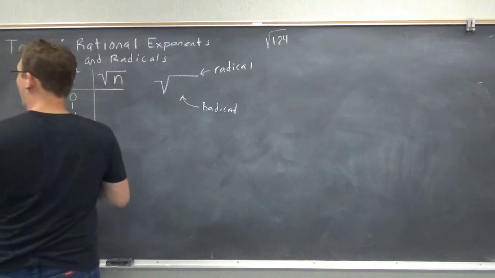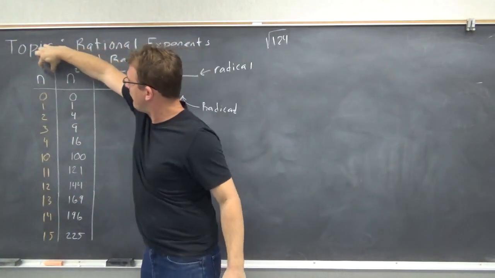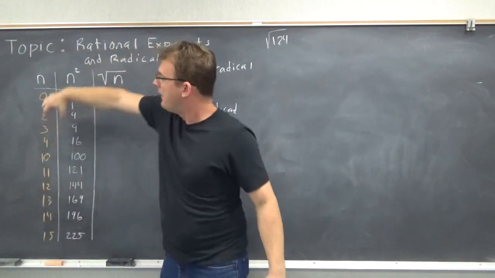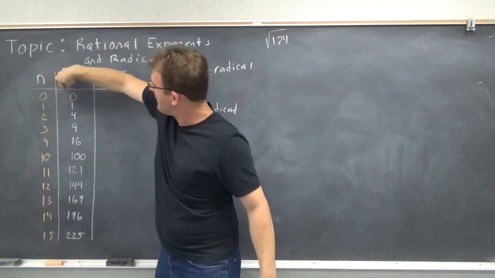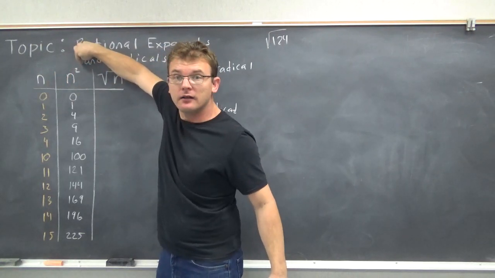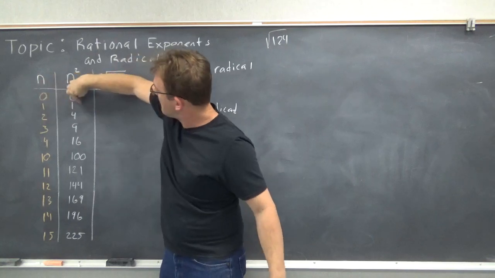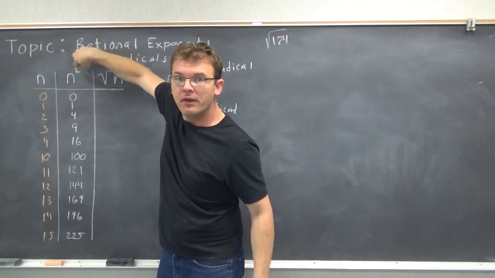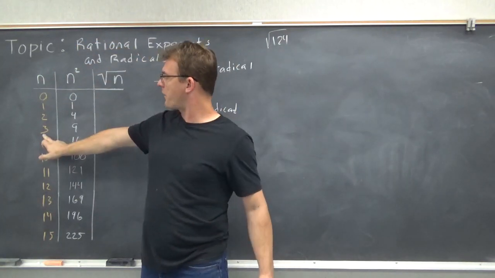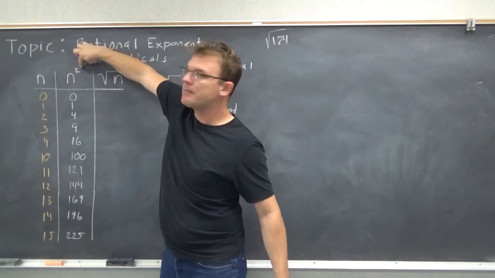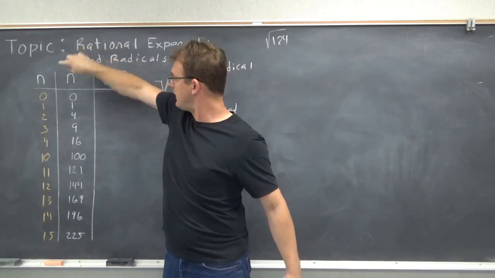Squared. Well, what does that mean, squared? These are all the n's, and these are going to be these numbers squared. So what is 3 times 3? 3 times 3 is 9.